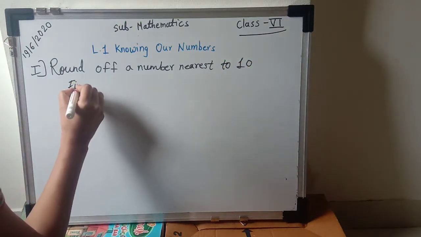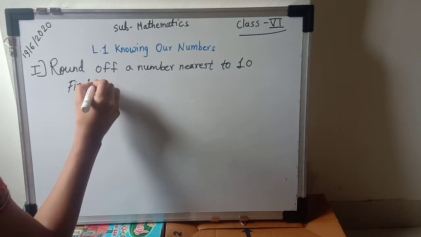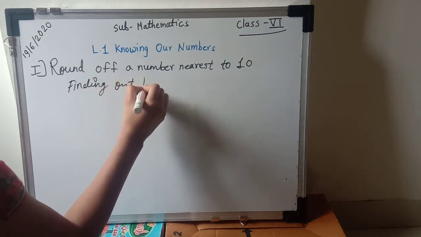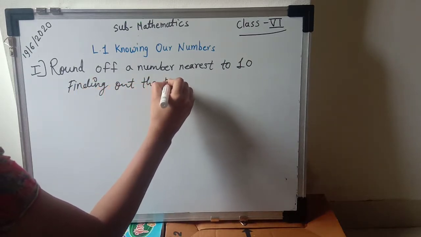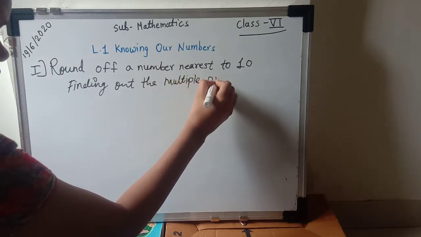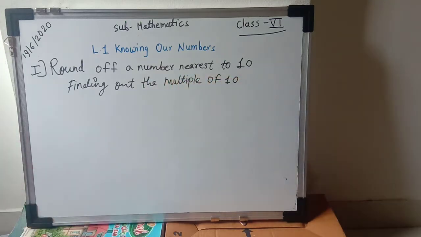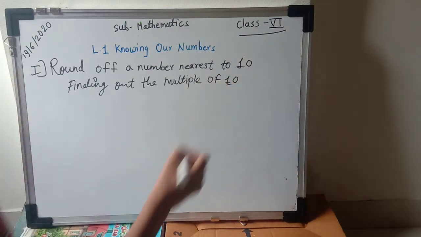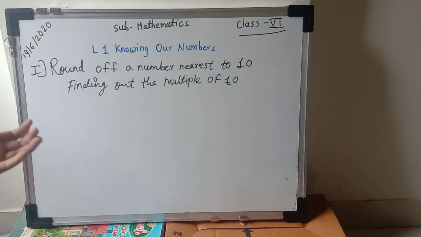Finding out the multiple of 10. Multiple of 10 means what? Those numbers are multiples of 10, meaning 20, 30, 40, 50, 60, 70, 80, 90.